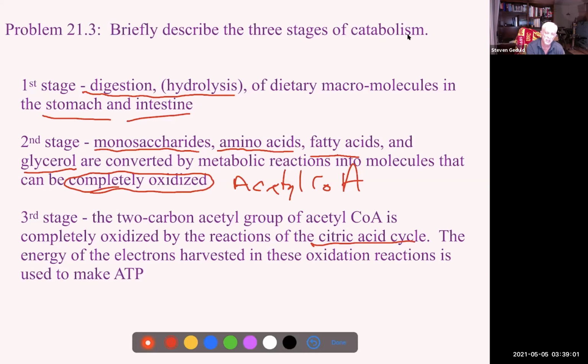The energy of the electrons that are harvested in these oxidation reactions, and oxidation reduction reactions are moving of electrons. And when we harvest the energy of electrons as they move to different energy levels, okay, we use that to make ATP. That's how ATP is made from the food we bring into our bodies.